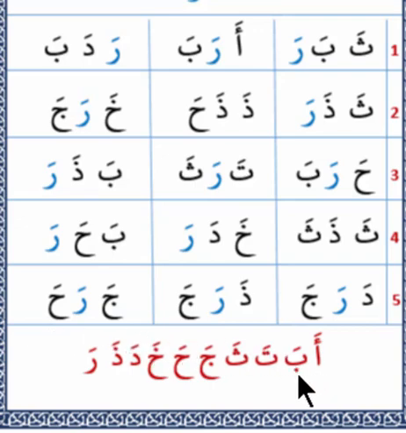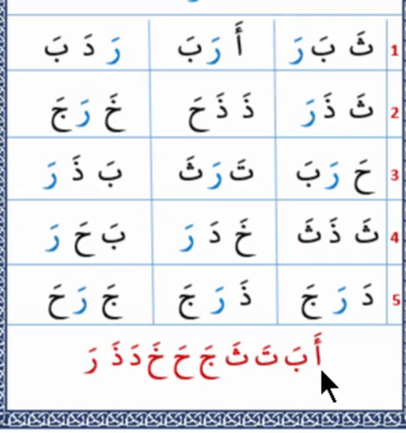A, Ba, Ta, Tha, Ja, Ha, Kha, Da, Tha, Ra. Remember, the letter Kha is a heavy letter. Ra, because it has fatha on top, we read it heavy. The rest are all light.